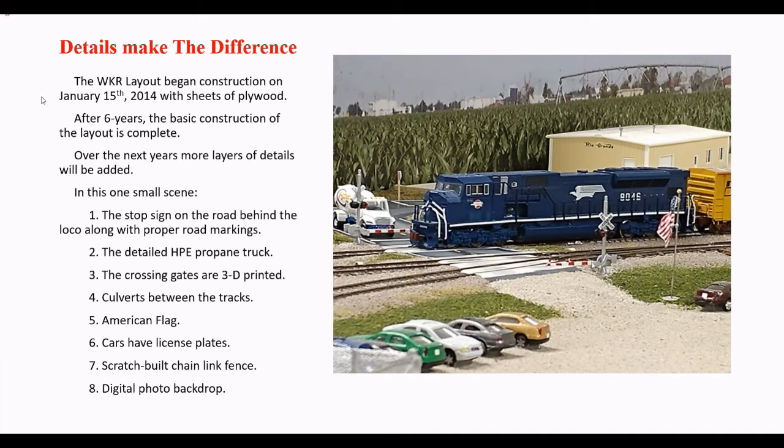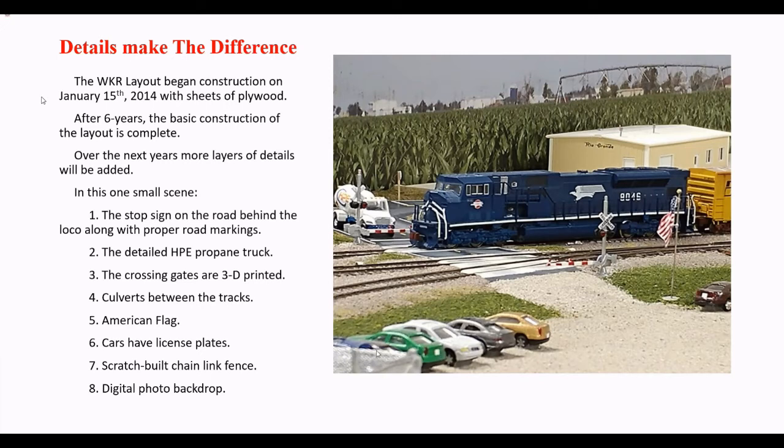These crossing gates look a little small, but these are actually N-scale crossing gates. The ones that actually have lights that work are actually a bit oversized. So these are scale 3D printed. Wherever there are grade crossings, you have culverts, and I've got culverts on all of the tracks here. You've got the American flag on the flagpole, and you'll notice that even the vehicles have license plates.